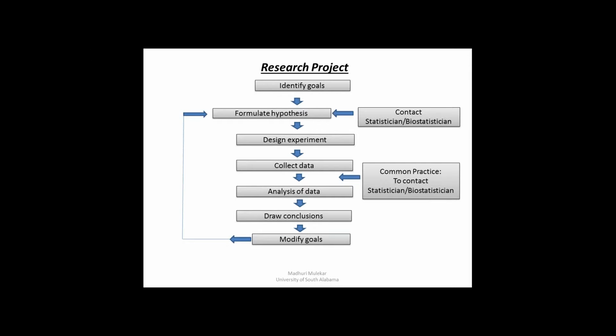In this slide, you can see that this is a general outline of how most of the research projects go. And I would like to recommend that contact biostatistician or statistician very early in your project. As soon as you have identified goals of what you want to do with this research project, talk to statisticians so that statistician can help you design experiment correctly.